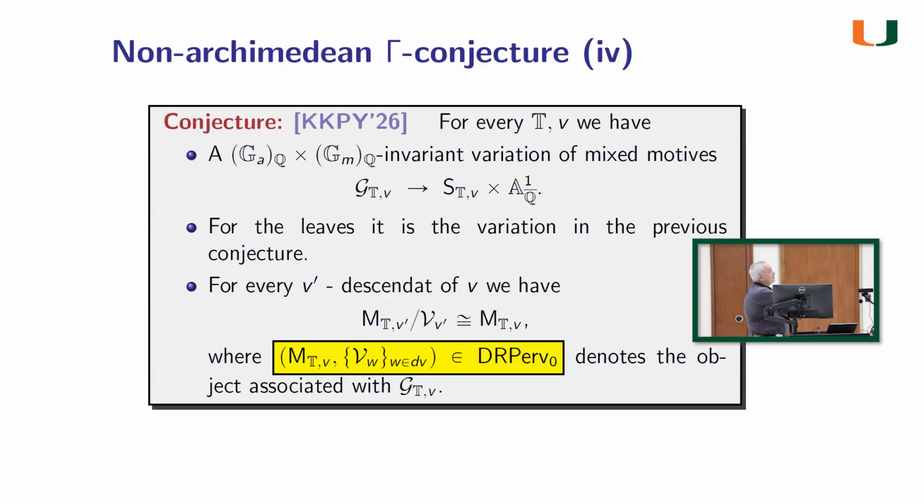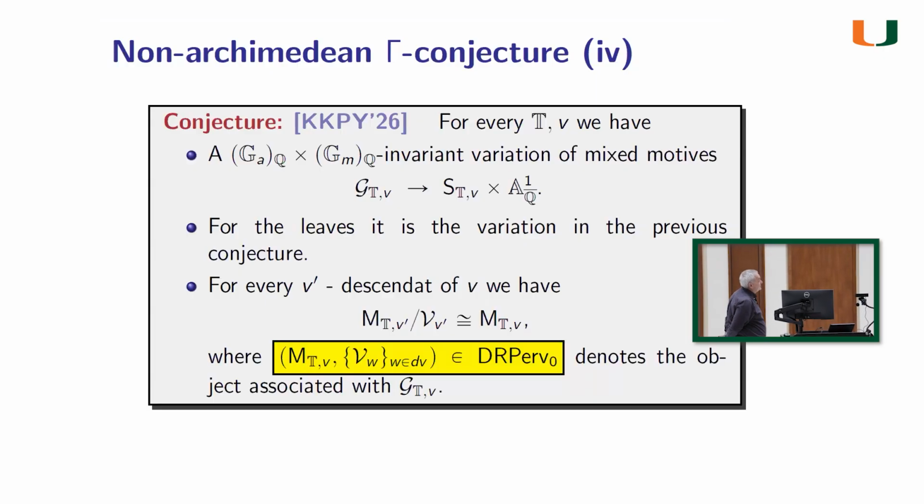And so the conjecture is that for every tree and every vertex, we have an invariant variation of mixed motifs, invariant for the action of the dilations and translations on this subvariety across the affine line. At the leaves, the ones that correspond to the eigenvalues, the variation is the one that satisfies the property from the previous conjecture about the nearby cycles at infinity being the Tate variation of Hodge structure.